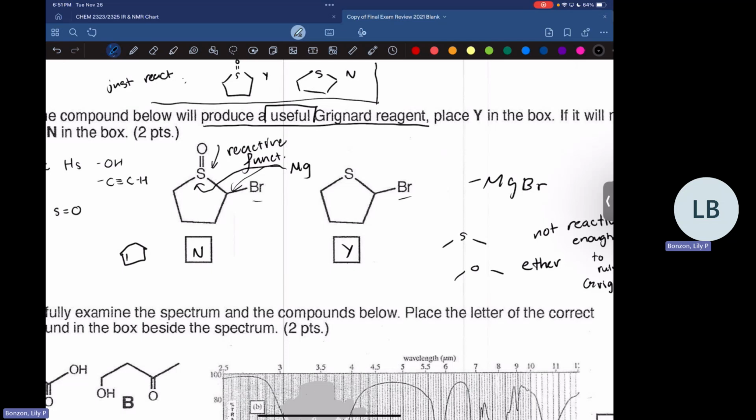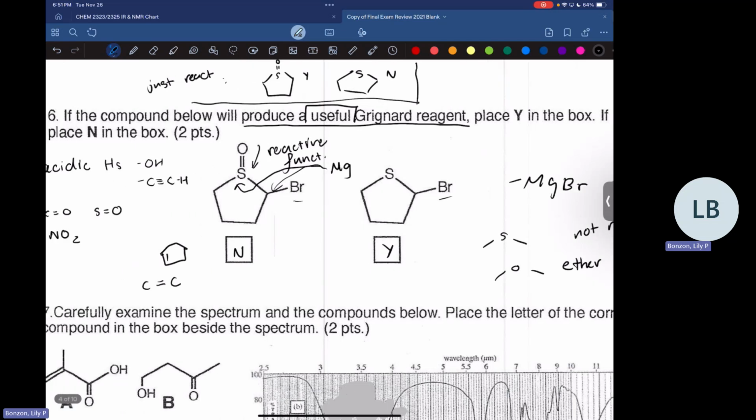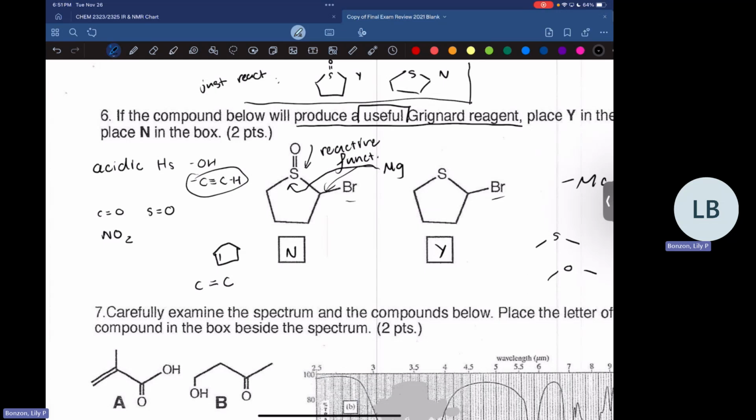A carbon double bond carbon, so just a C double bond C, that's not reactive enough, so that one would be okay to have in your structure if you wanted to form a useful reagent. The ones you have to watch out for are the terminal alkynes, because they have an acidic hydrogen. Internal alkynes, where they have bonds to carbons on either side, these ones are also okay because they don't have that acidic hydrogen.